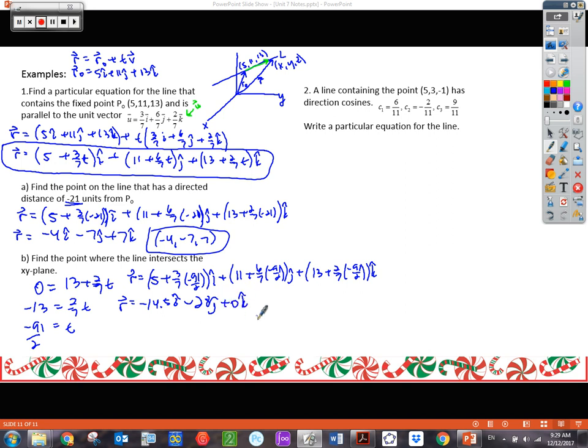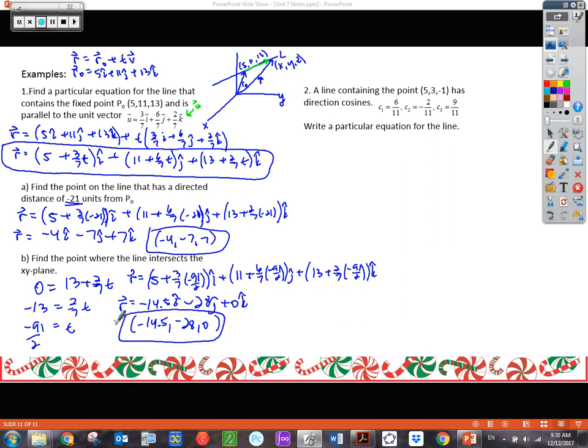If we didn't get a plus 0k, we would have done something wrong, right? Because our z component needed to be 0 for this to happen. So this is the vector that terminates at the point where our line intersects the xy plane. That point would be negative 14.5, comma, negative 28, comma 0.